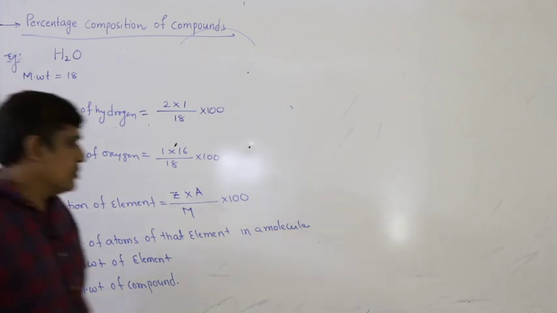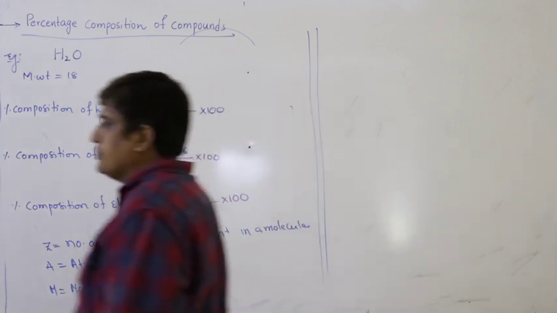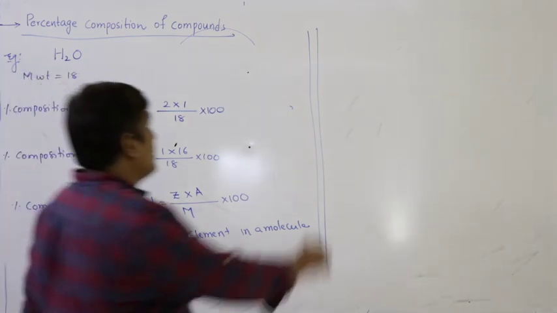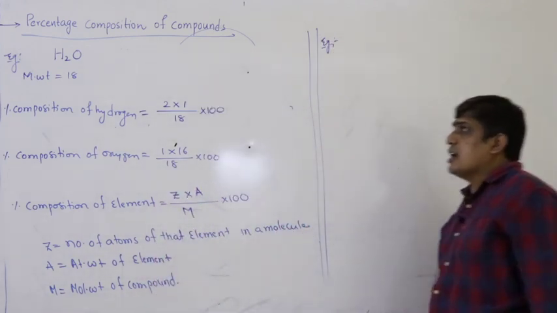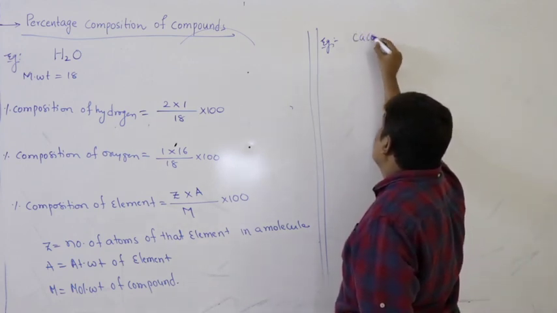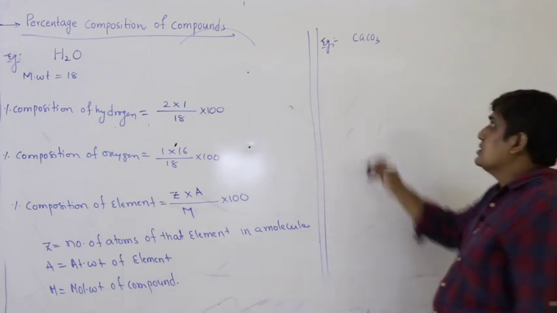So let us take one example. Right. So one more example is, let us calculate the percentage composition of each element of CaCO3.